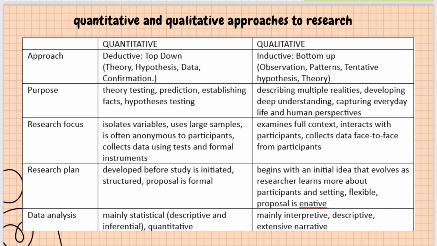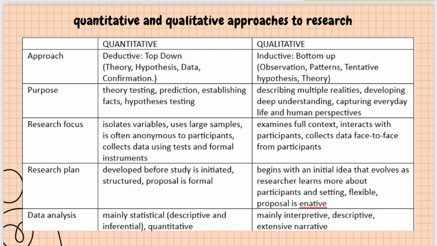And for the research focus, quantitative isolates variables, uses large samples, is often anonymous to participants, and collects data using tests and formal instruments. While in qualitative, the research focus examines full context, interacts with participants, and collects data face-to-face from participants.